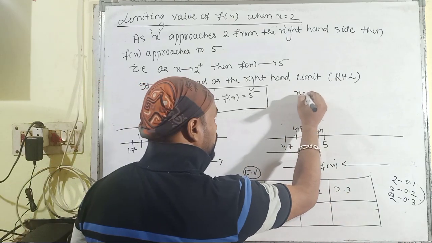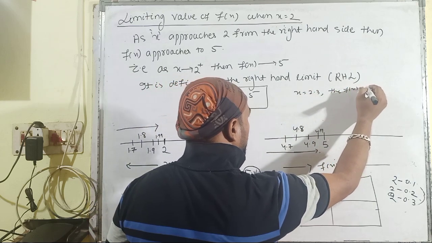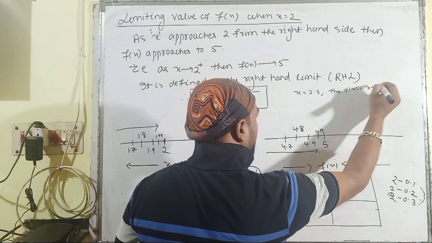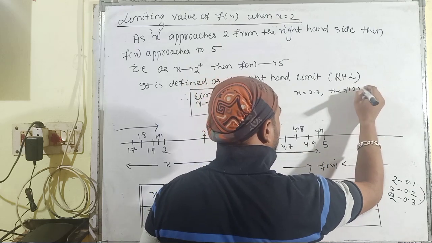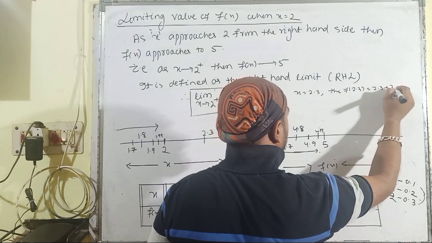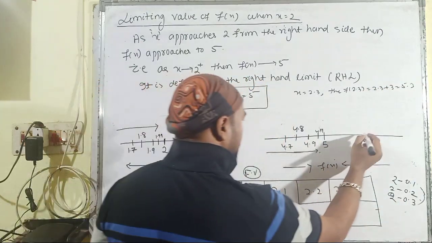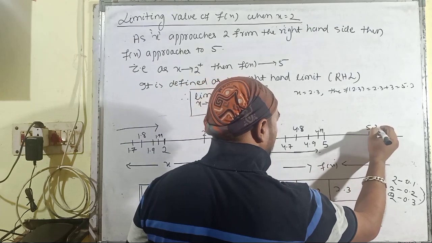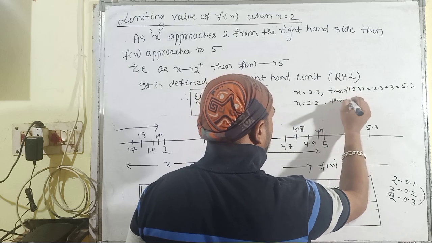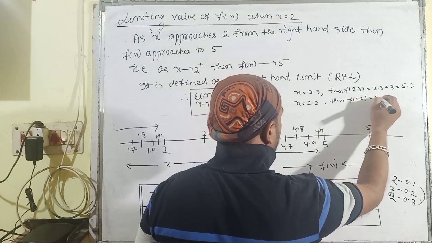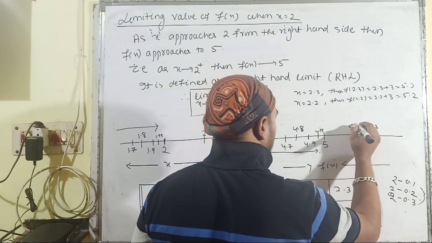If x is equal to 2.3, then f of x is equal to x plus 3. That means f of 2.3 is equal to 2.3 plus 3, that is 5.3. So when x is equal to 2.3, f of x is equal to 5.3. Similarly, when x is equal to 2.2, then f of 2.2 is equal to 2.2 plus 3, which is 5.2.